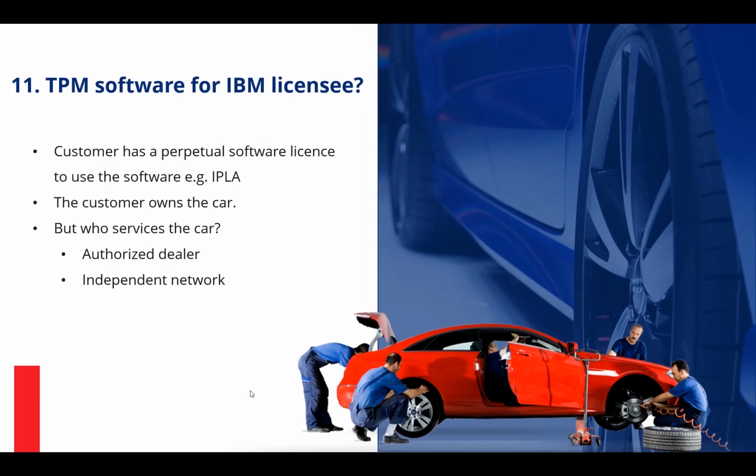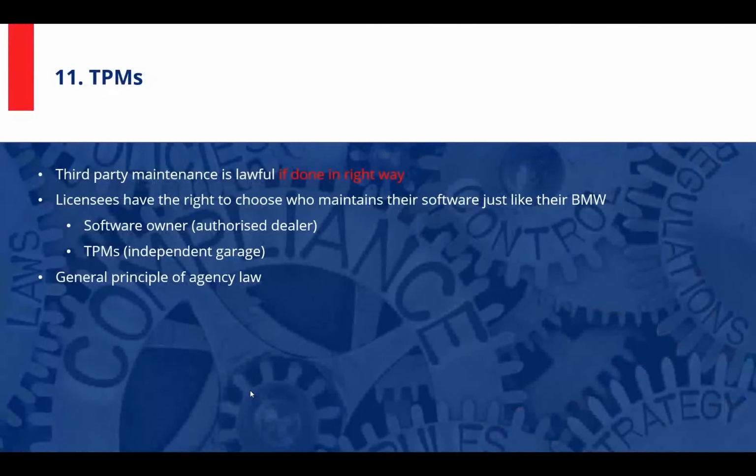But the short answer is nobody ever questions the right of, for instance, an independent garage, an independent servicer, to service the car. And it's exactly the same in relation to software. It is perfectly lawful to have a third-party maintainer maintain software, even though the copyright does not belong to that independent servicer.